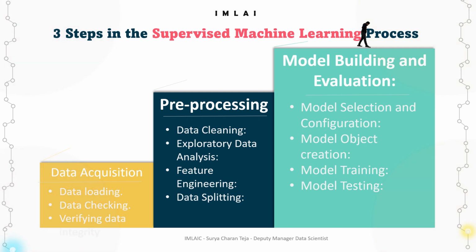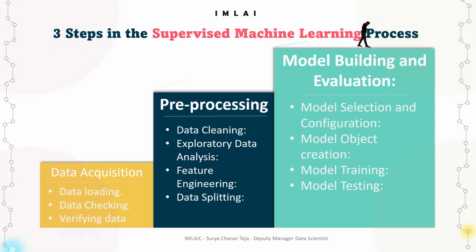Once model training is done, it's time to test the model. How do we test it? Again, we use a method of the instantiated class object: the predict method. Here, object dot predict, and we give only the x values, that's x test. Then we get the y predicted values.